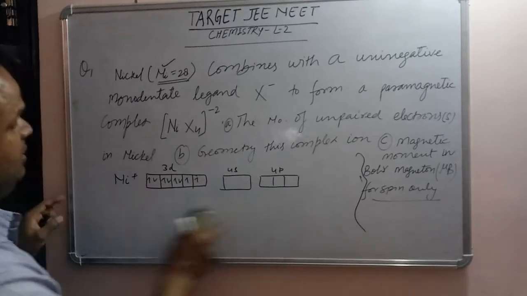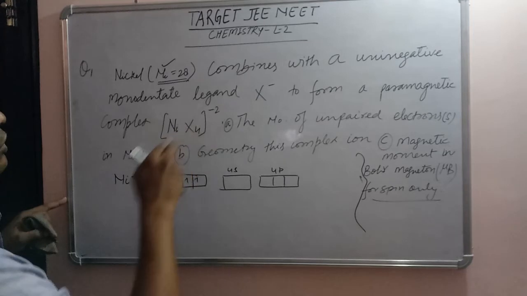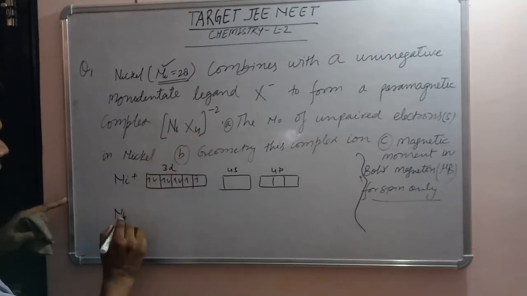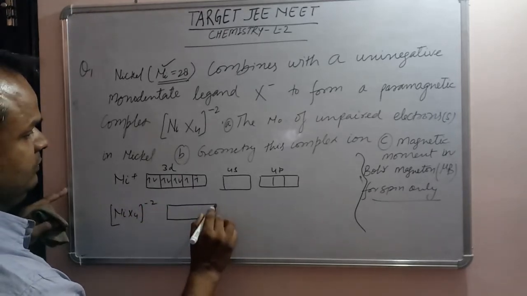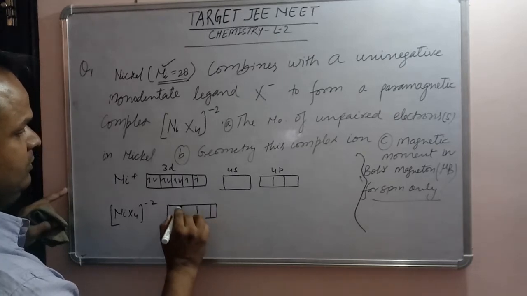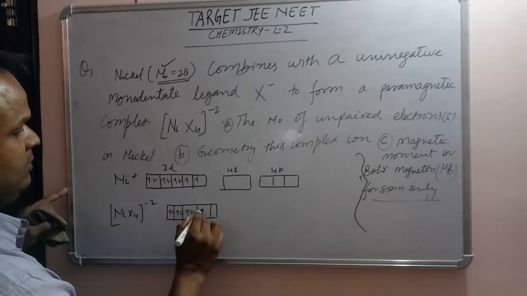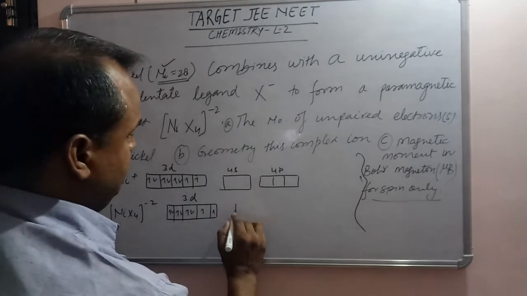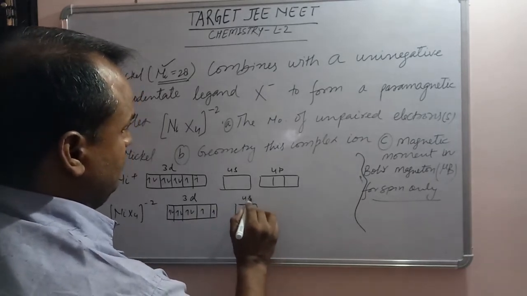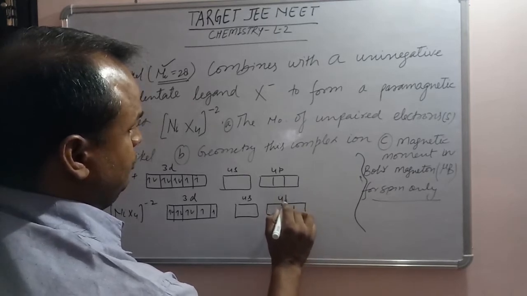Now next step, it forms the complex NiX4 minus 2. For this, 3d, 4s, 4p.